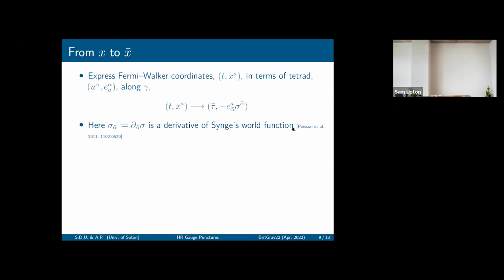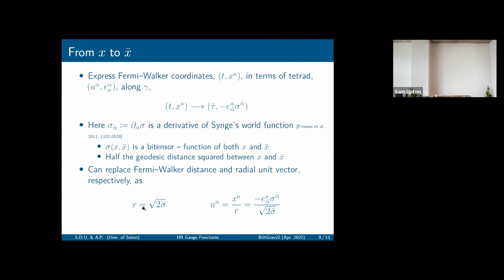There's a nice explanation in this review article by Poisson et al. that gives details of it. But essentially, sigma is a bitensor. It's a function of both x and x bar. And it gives you essentially half the geodesic distance squared between x and x bar. So you can think of the derivative essentially giving you the geodesic distance between these two points.